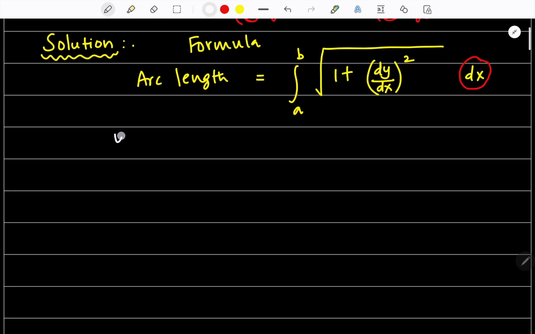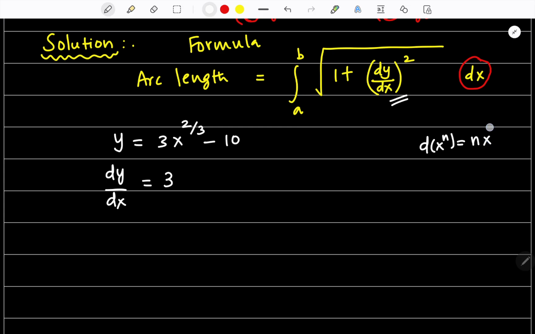Okay, let's start the question. First, y is equal to 3x to the power of 2/3 minus 10. We want dy/dx. The derivative of x to the power n is n x to the power n minus 1, where n is 2/3.